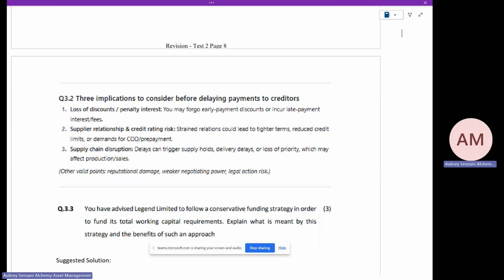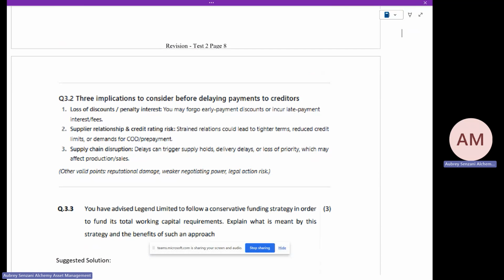So here the first thing they mention is loss of discounts. If you are not paying early, you're obviously losing out on any early settlement discount. Then supply relationship and credit rating risk.